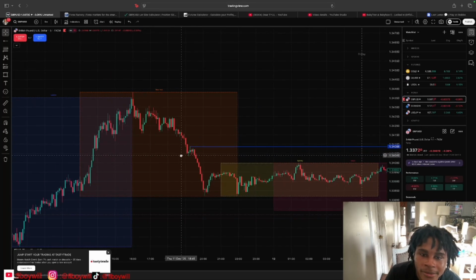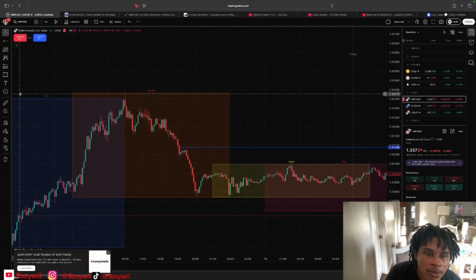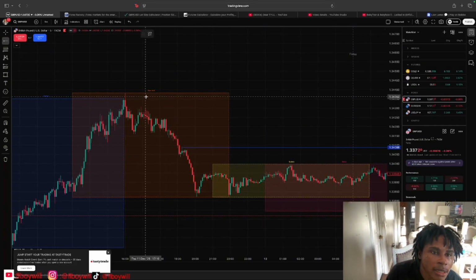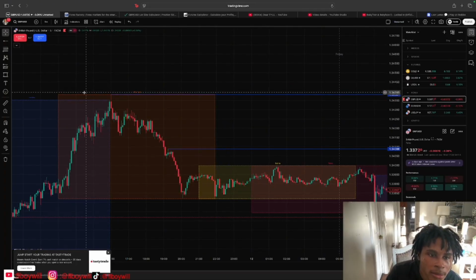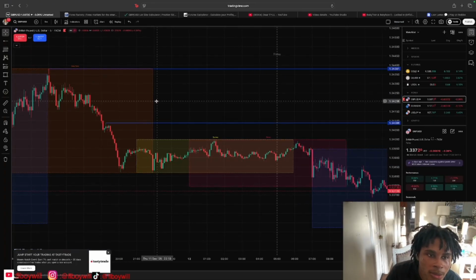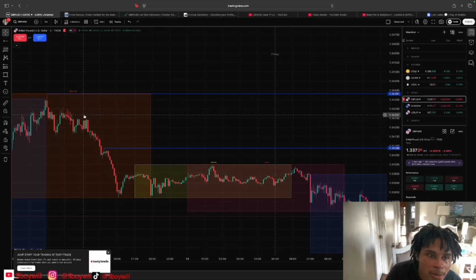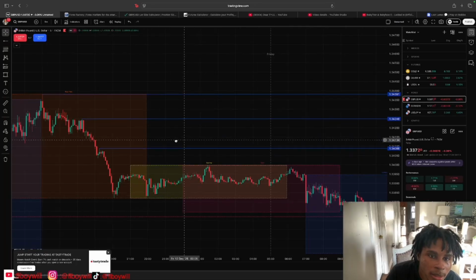But yeah, this is a previous form of liquidity right here. This right here is also a previous form of liquidity. Those are two perfect ones there. You can also put one right here, I guess, so map this out too, because you can.